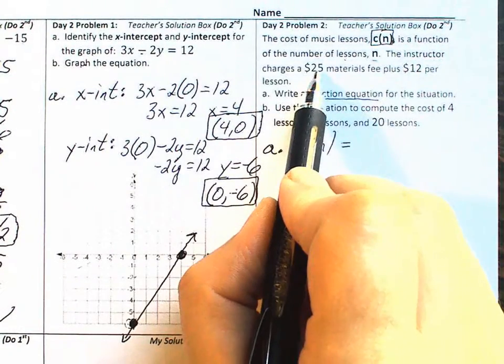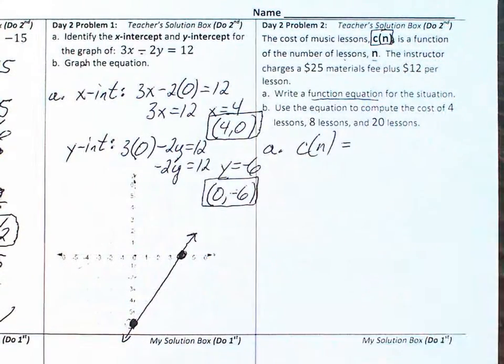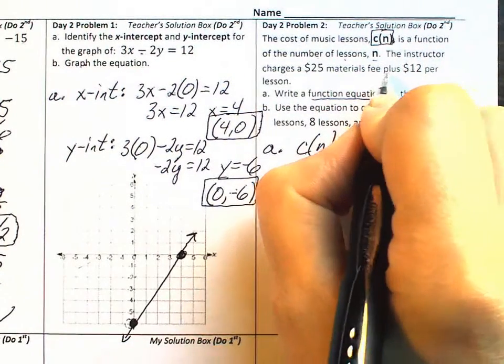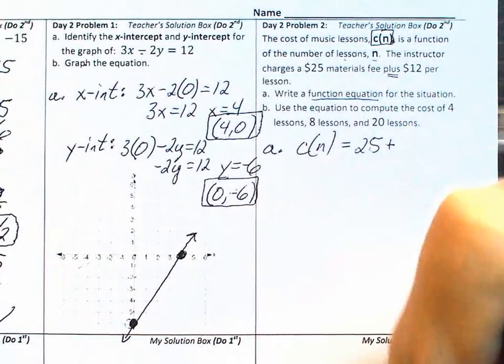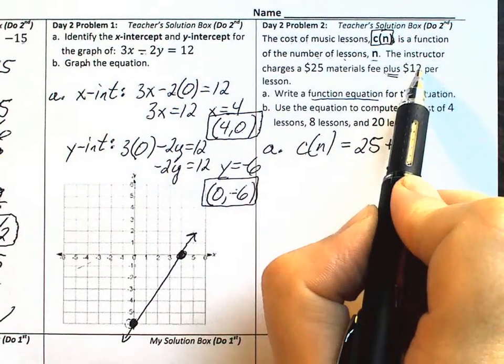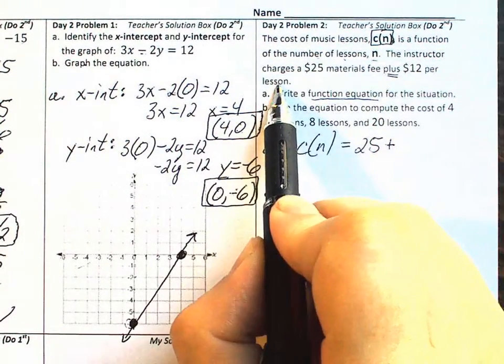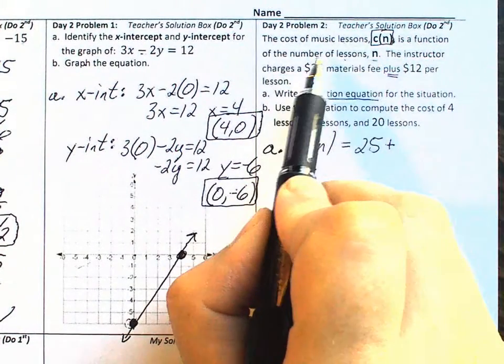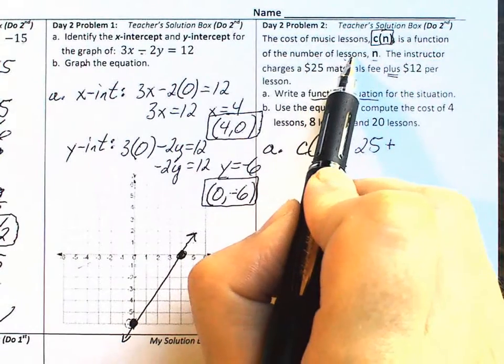The instructor charges $25 for materials. So $25 plus, and now $12 per lesson. But we're told to use the letter n to represent the number of lessons.